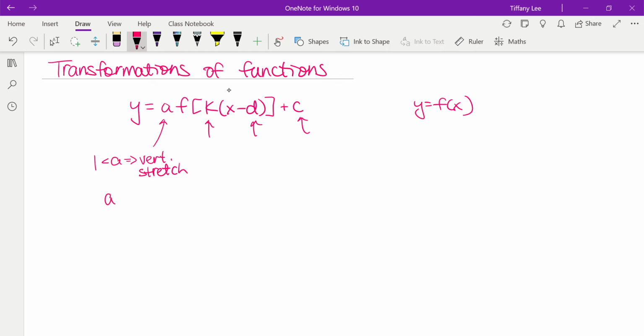When a is greater than 0 but less than 1, it'll affect your parent function vertically, but it's going to be a vertical compression. And when a is negative, so a is less than 0, that means you're going to have a reflection in the x-axis.